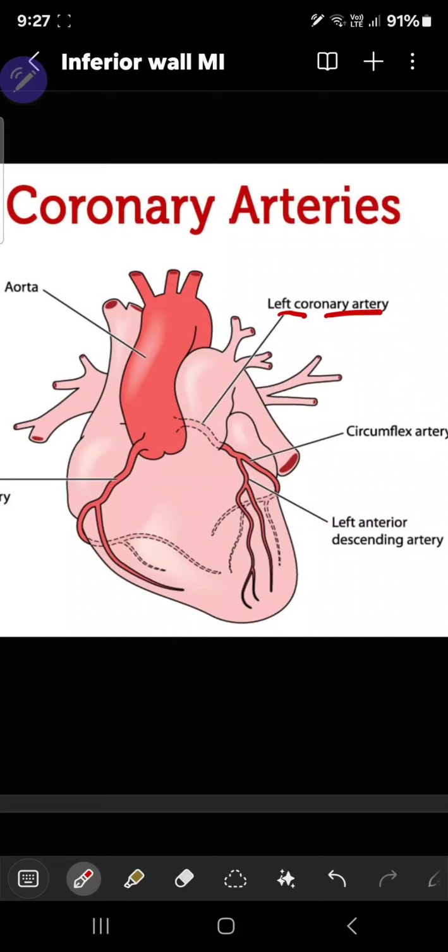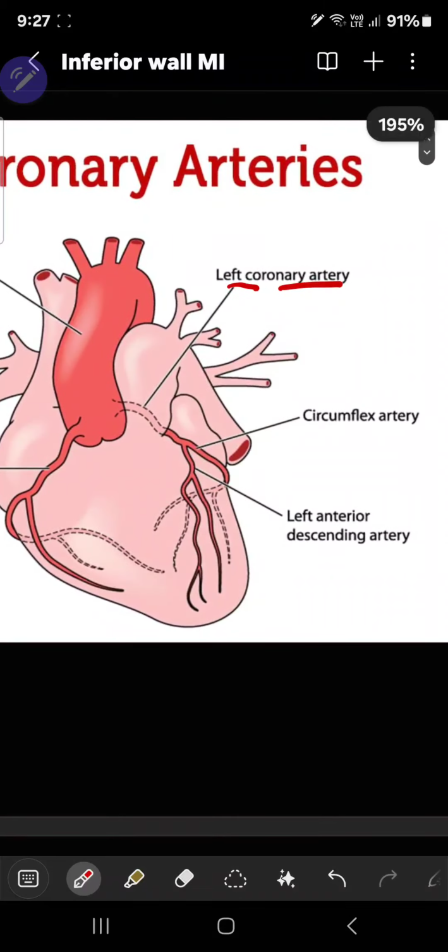This left coronary artery again divides into the left anterior descending artery and the circumflex artery. The left anterior descending artery supplies most of the anterior part of the heart.